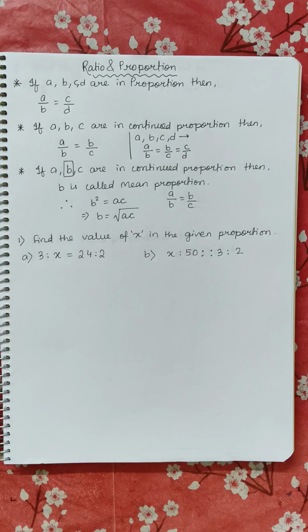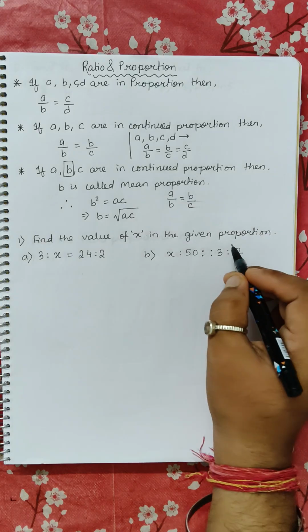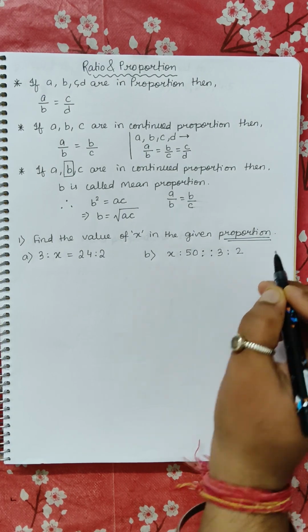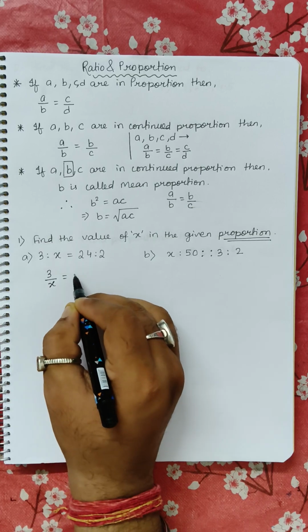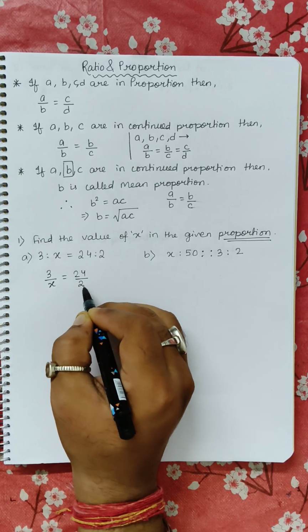Okay, so let's start with the questions. Find the value of x in the given proportion. As it is already mentioned here, it is a case of proportion. So we will write this as 3 by x is equal to 24 upon 2.